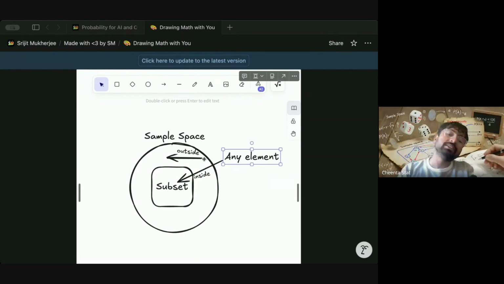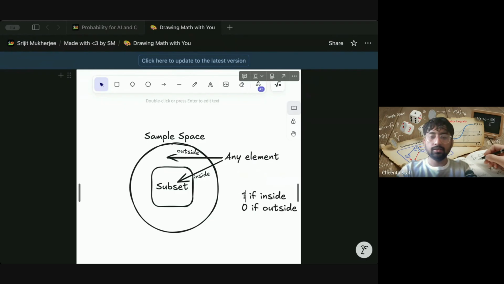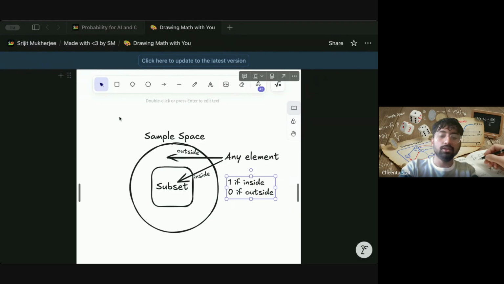So if it's inside, we are considering it. So we write 1 if inside, 0 if it's outside. So we are essentially doing this. This is how we are counting. All of you got this, guys? Did you understand this idea?